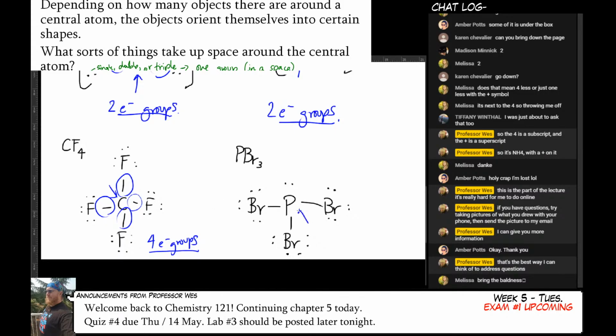And the same thing with this molecule over here. My phosphorus is in the middle, and I would circle these 3 as my groups, but I also have this pair on the central atom, and so it also has 4 electron groups. And there you go. So that is how we count electron groups around a central atom after we have drawn the Lewis structure.